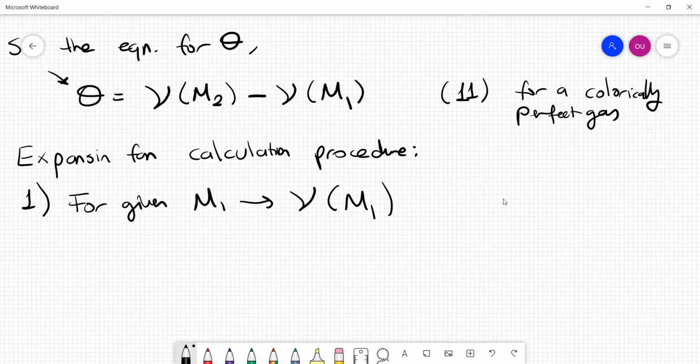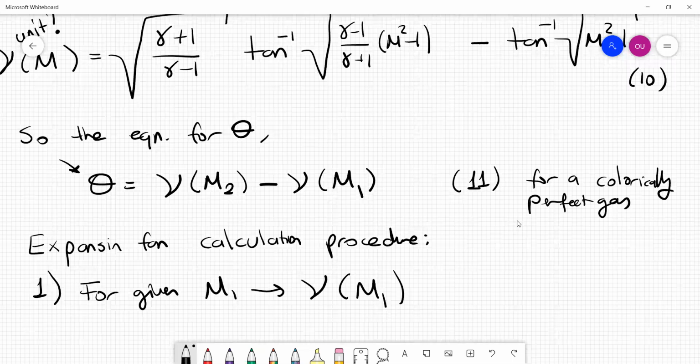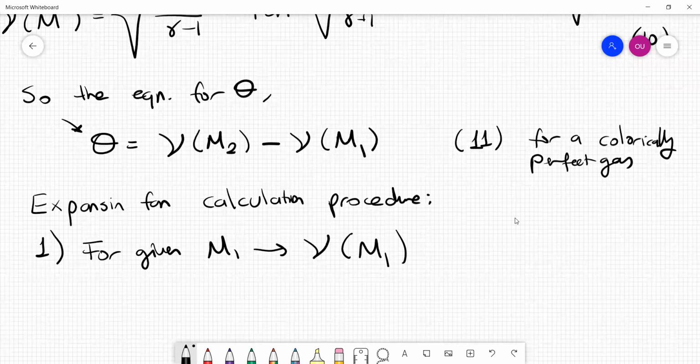This is one option, but generally this equation is already integrated, and the values for certain different Mach numbers are already listed in your book as well. Generally in compressible aerodynamics books, these integrated values are listed for a given M1 value.